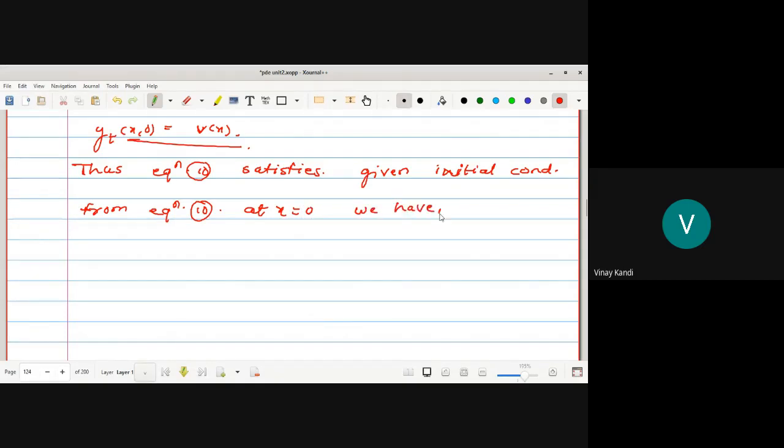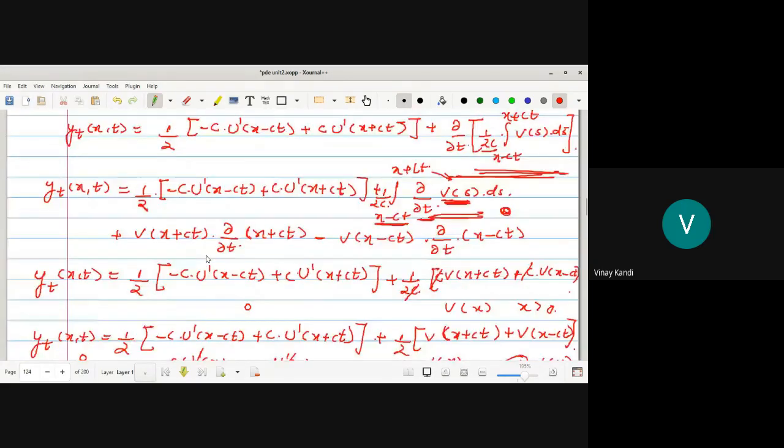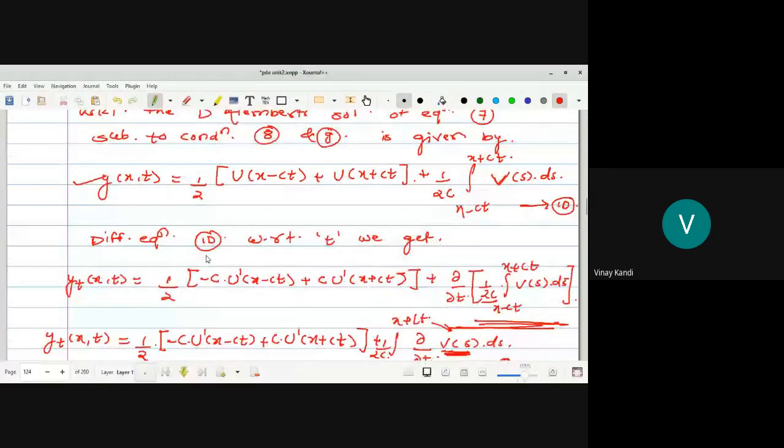So we have y of 0t is equal to 1 upon 2. हा equation can put इथे जर मी 0 पुट केला काय येईल, हा u of minus ct plus u of ct. ओके, इथे minus ct to plus ct. Okay, minus ct to plus ct v of s ds.